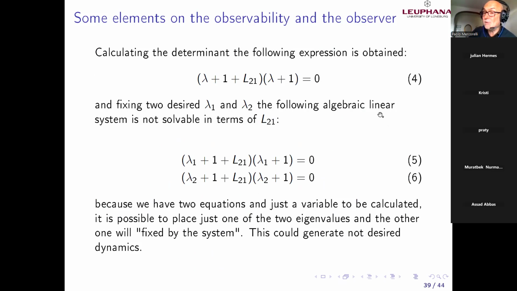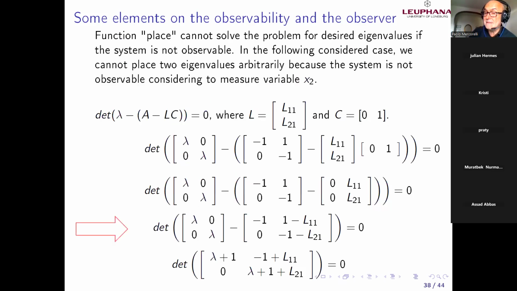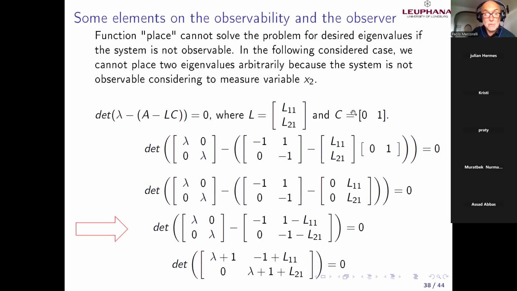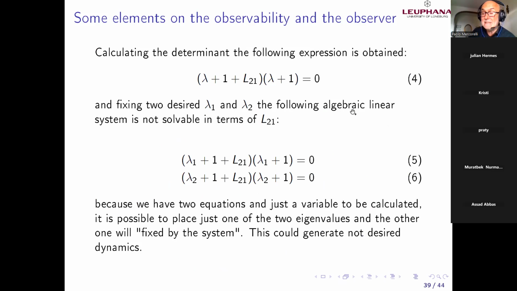Very important now to understand, we will see a little bit of the calculation next time, that it depends of course on C. Because at the end, if C does not guarantee the observability, we will see next week in detail, we cannot fix arbitrarily lambda 1 and lambda 2.